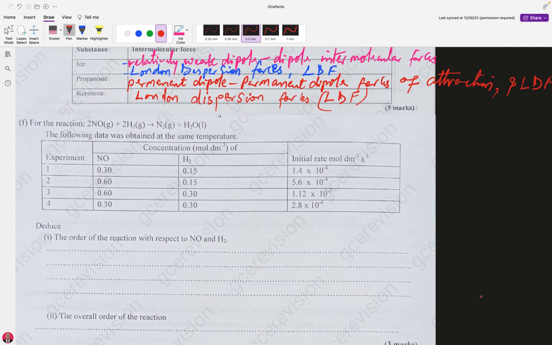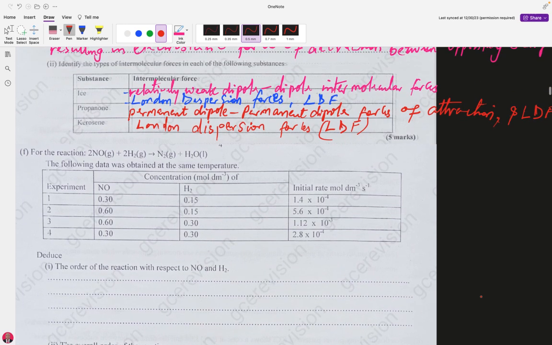We are on F. F is for the reaction: nitrogen monoxide plus hydrogen to give nitrogen and water.